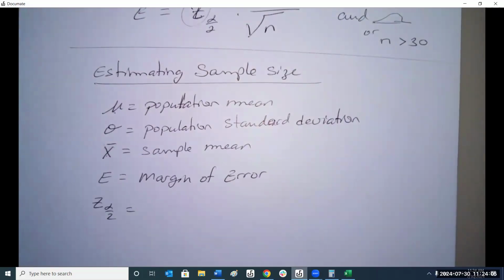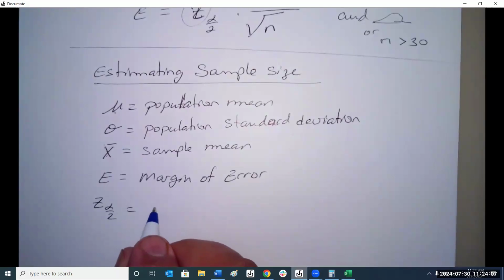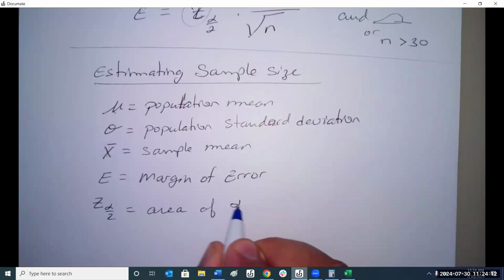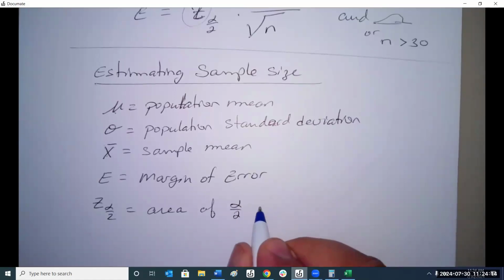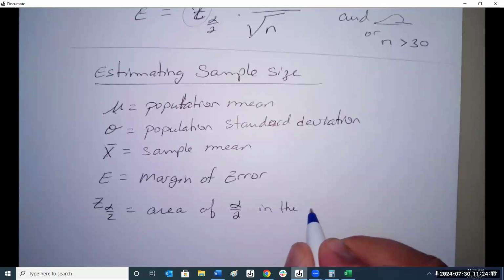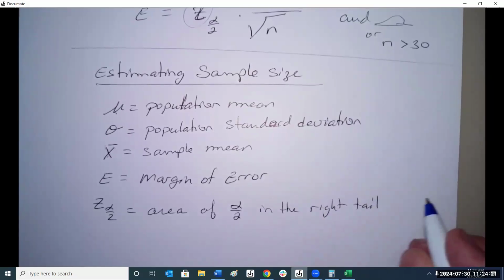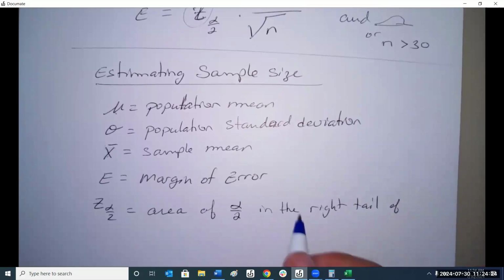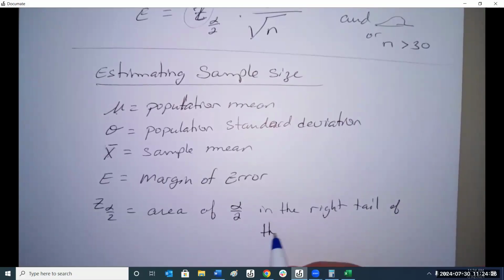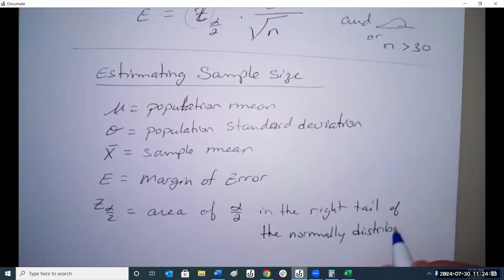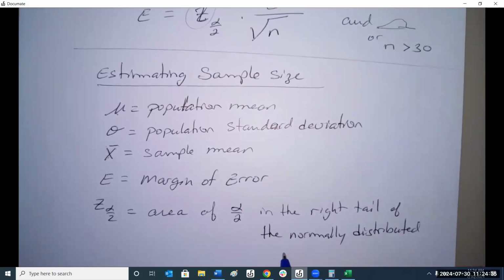So as it says here, it's the area of alpha over 2 in the right tail of the normally distributed curve.